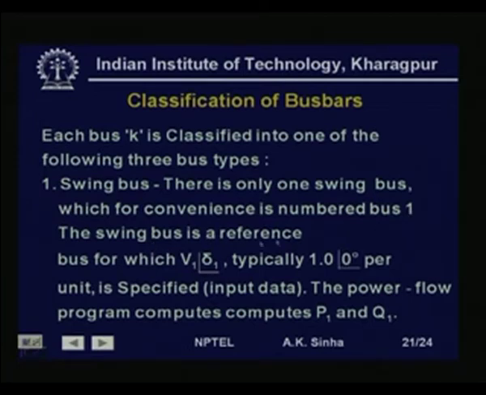The swing bus is a reference bus for which V1 and delta 1, which we typically take as 1.0 and angle 0 per unit, are specified as input data. The power flow program computes P1 and Q1 for this bus, that is, the unknowns for this bus are P1 and Q1, the injections at this bus, because we have not specified the generation at this bus. So, we need to calculate that finally after we have calculated the voltage at all the bus bars.